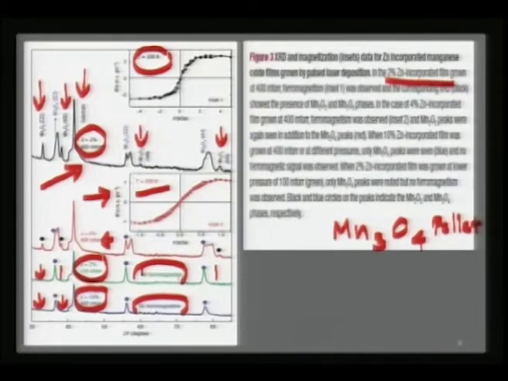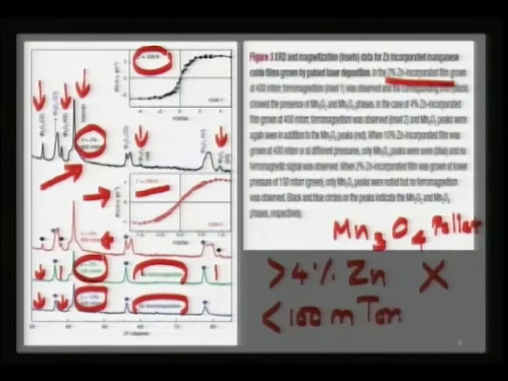So two things are happening: with higher than 4% Zn there is no ferromagnetism, and at less than 100 millitorr of oxygen, again there is no ferromagnetism.